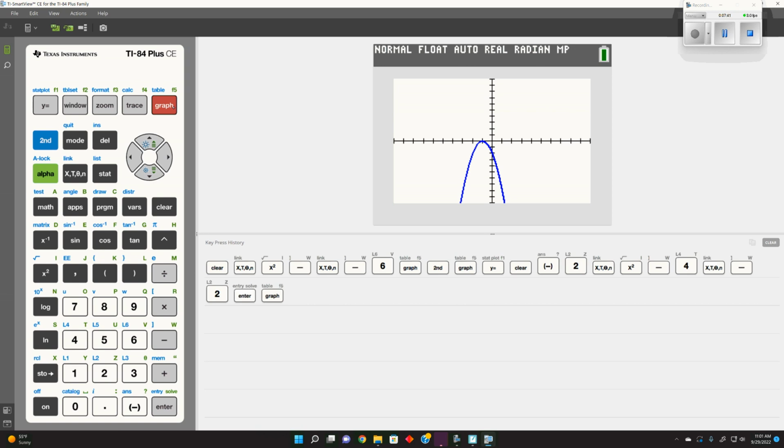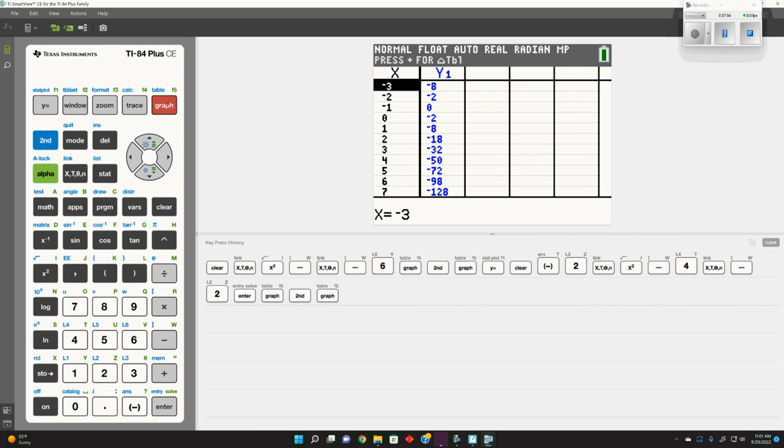Yep, you need the 4x. Now, where does it make the y value be 0? So we see that it does intersect. So if we look at the table, it's at -1, yes?